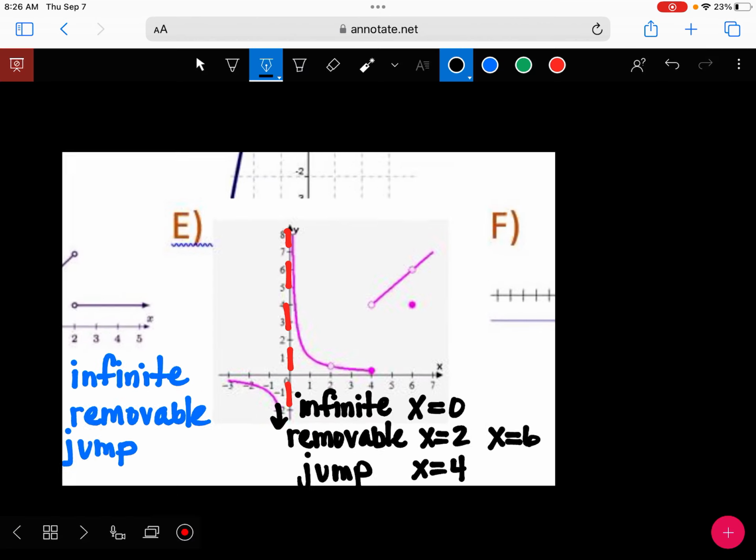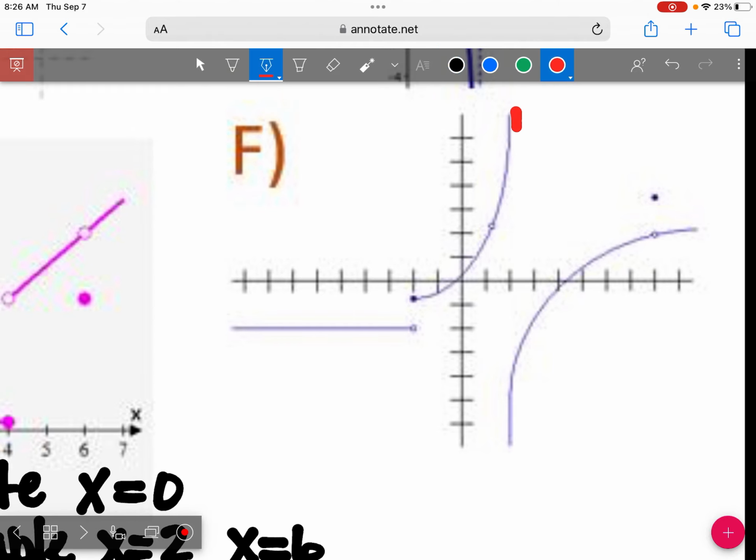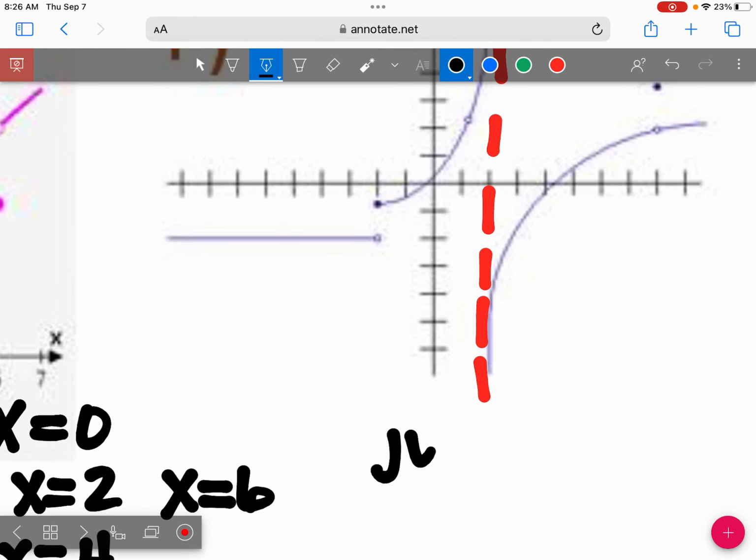All right, and then F, let me zoom in on F. We have 1, 2, 3, 4. Whenever you see the graph appear to go up and down, so right here, and again, we can draw in the dashed line here. At that point, there's an infinite. So in this graph, we have a jump at x equals -2.